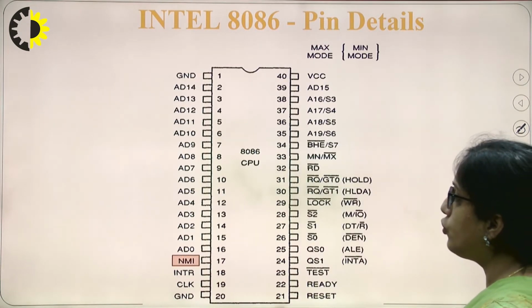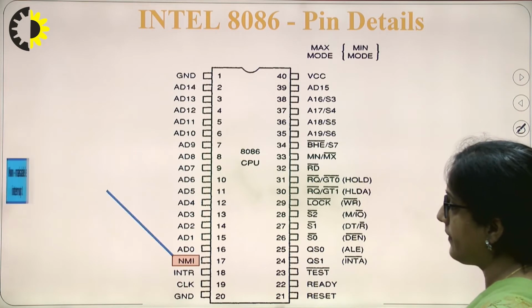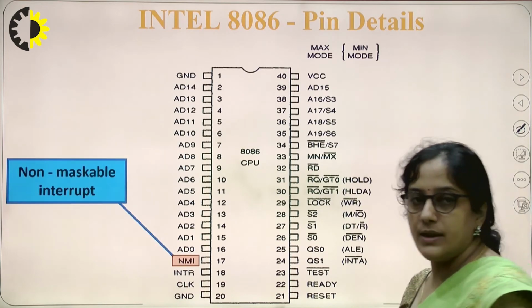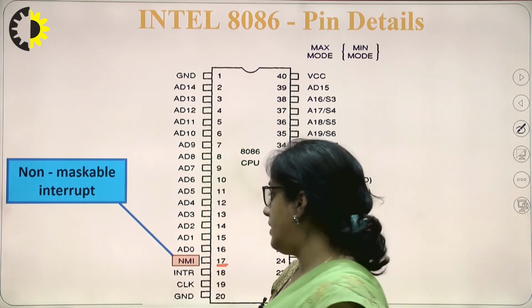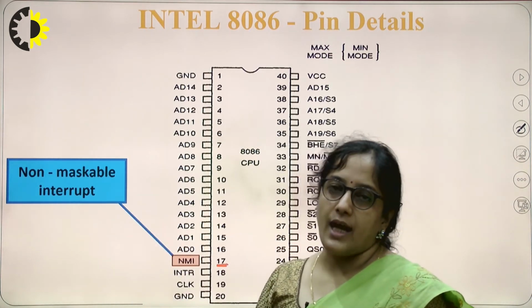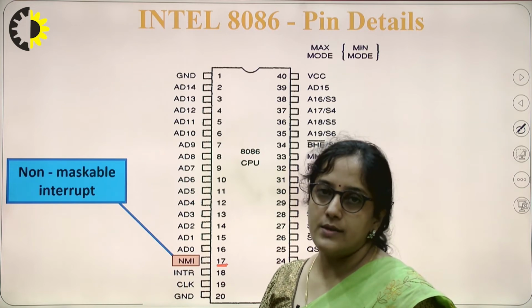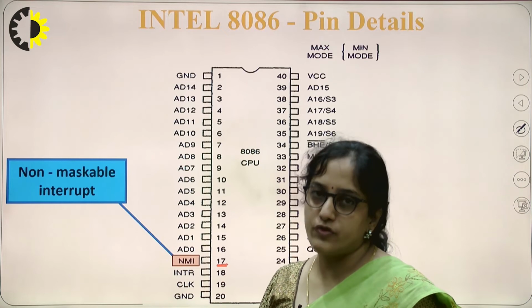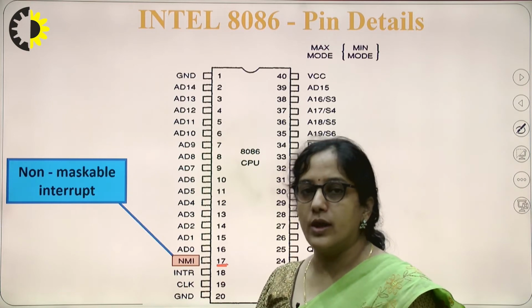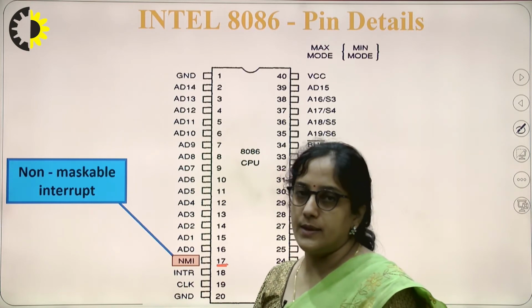Then there are two types of interrupts. One is the non-maskable interrupt at pin number 17, NMI. It works the same as the trap: whenever this interrupt occurs, the microprocessor has to leave the current program and switch to the service routine related to the non-maskable interrupt.